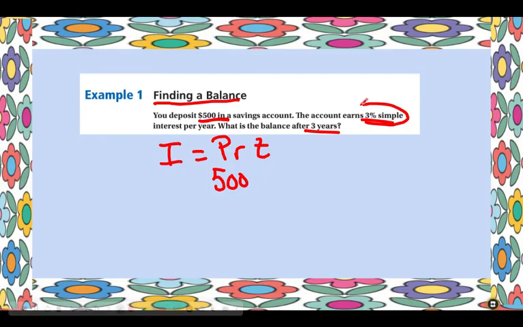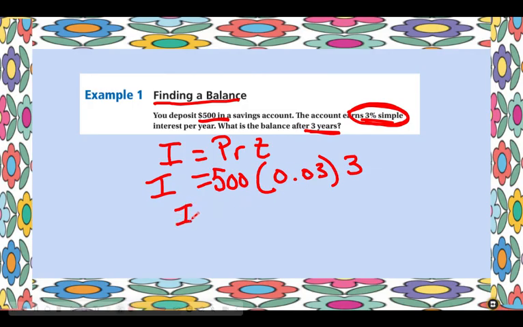Do you know the rate? Yes, you need to put it as a decimal. 0.03 is 3%. And the time is 3 years. So that's going to show us our interest. 500 times 0.03 times 3, I got my interest to be $45.